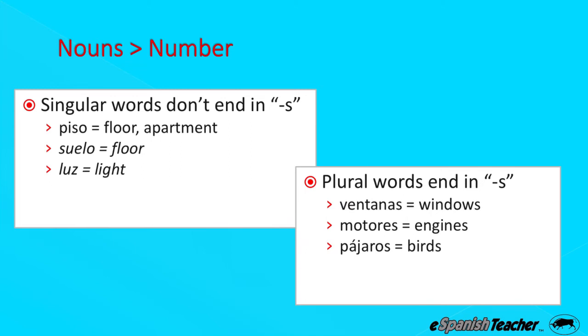Now, the words on the left that are singular, we could add an s to those words, or we could add some type of ending to make them plural. Likewise, the words on the right, we could remove the s, or we could remove their plural ending to make them singular. But this is just emphasizing and showing you that nouns have a number associated to them, either singular or plural, and you are able to make an adjustment or make a word singular or plural.